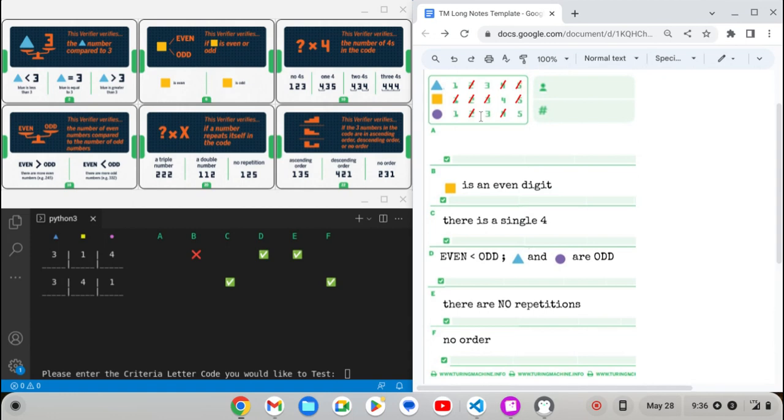And so at that point, there's no way to really verify whether it's the 3, 4, 1 or 1, 4, 3. So basically, I do have to test A. And so, okay, so it was 3, 4, 1. So let's go ahead and say that the Turing machine approved of my triangle digit being 3. So I'll just write down triangle is equal to 3.